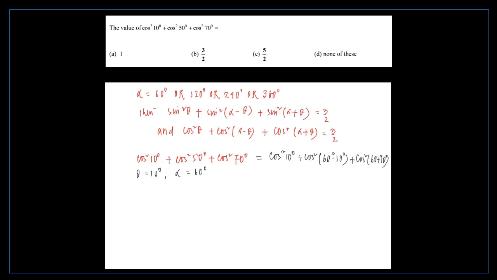Because theta is 10, alpha is 60, and if we try to correlate this, we get cos square theta plus cos square of alpha minus theta plus cos square of alpha plus theta. Now this will be equal to 3 by 2. So this whole expression gives the value of 3 by 2. Now we can understand this application.